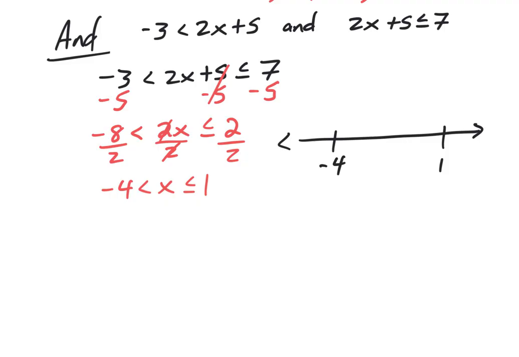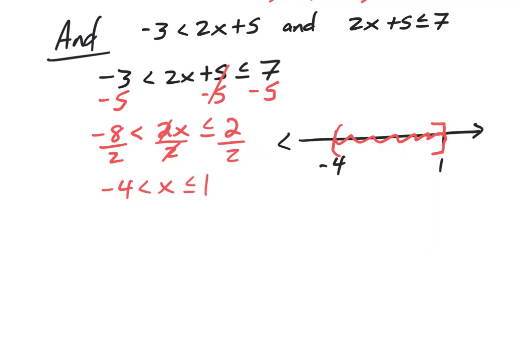Okay? So when I draw this in interval notation, I'm going to put a parenthesis on the left. I'm going to put a bracket on the right because we're including 1, less than or equal to 1, and we're going to shade everything in between. And that would be our number line.